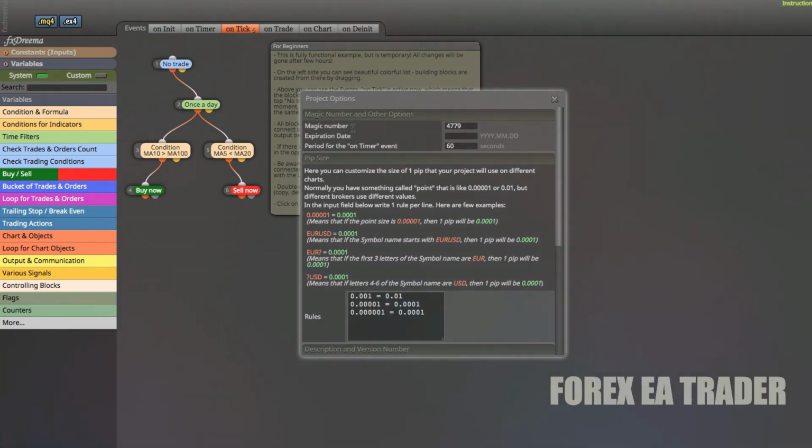So let's say you have a robot that when it places trades, you want the robot to also do things like trailing stop, take profit, break even, and all those things. So how does the robot know which trades to do that on and which trades not to? It's because of that magic number.